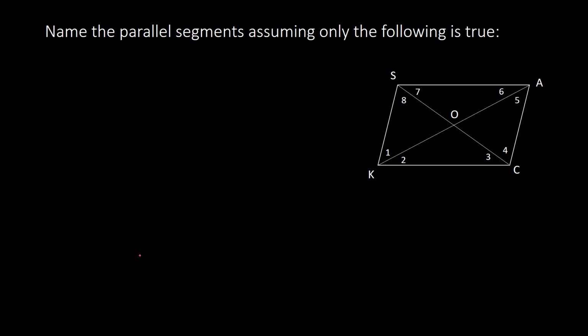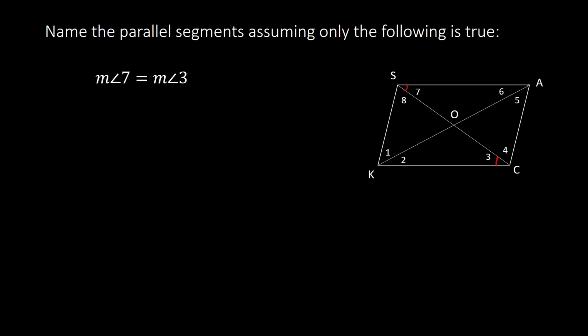So here we have an example. We're trying to name the parallel segments assuming that only measure of angle 7 is equal to measure of angle 3. So if that is all we knew, the question is what two segments, if any, are parallel. So if we look at angle 7 and angle 3, angle 7 is here, angle 3 is here. What I want to do to answer this question is figure out which segments or which lines are creating those angles.